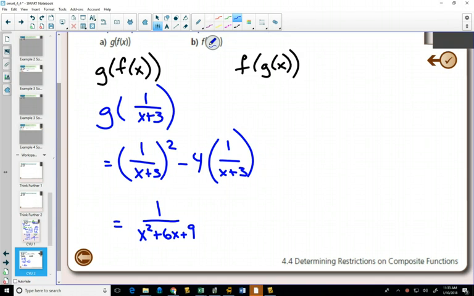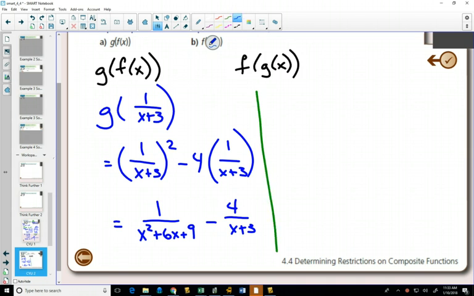Okay, so if you're making that mistake, that's a good thing to see right now. If you're multiplying this one, this will be 4 over x plus 3. If this was an exam and they wanted you to simplify this completely, you would have to get a common denominator and write it as a single fraction. Okay? But we're going to leave this right now, not simplify it any further.